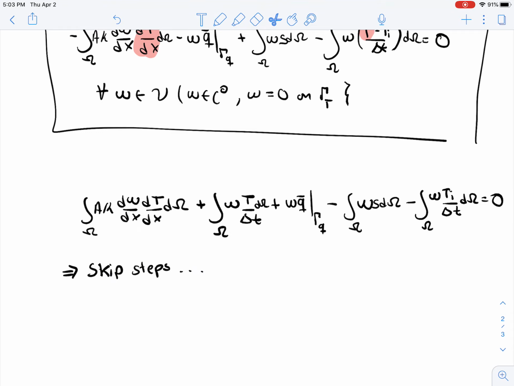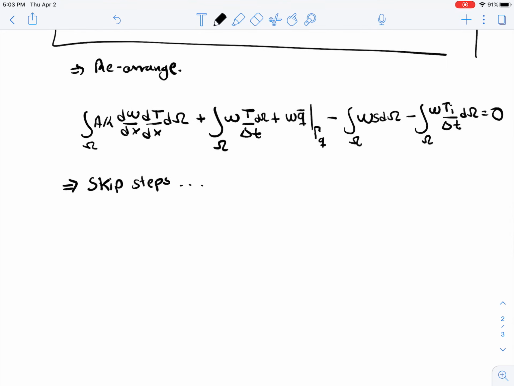But the one thing that I'm going to skip is the introduction of the discretization. So what I want to say though is that this right here is gonna lead to the standard stiffness matrix, right? Once we introduce the discretization of the shape functions, this is gonna give us this product right here: the weighting functions times the stiffness matrix times the degrees of freedom.